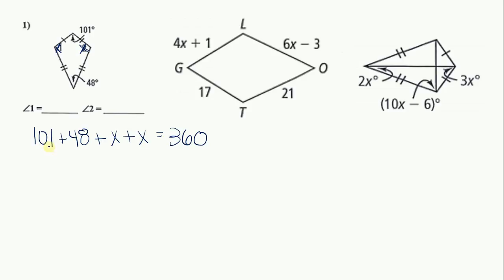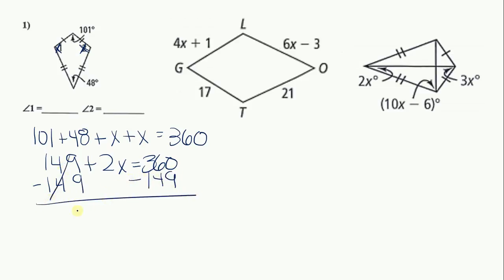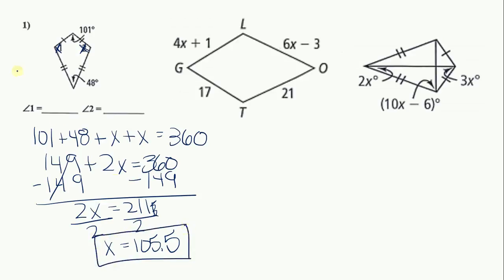Well, let's combine some like terms here. So this would be 149, this would be 2x, and that equals 360. Let's subtract 149 from both sides. We get 2x equals 211. Looks like we got to divide by 2. So we got 105.5 for x. That would be for both angle 1 and, in fact, angle 2.